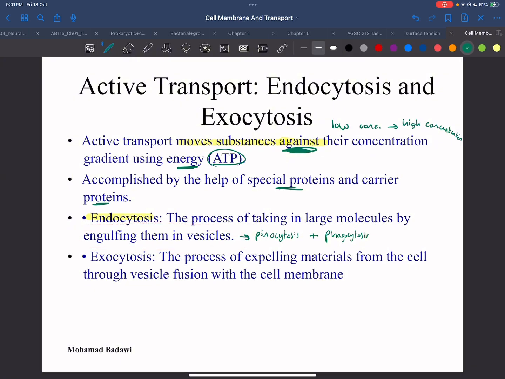So, for example, if I'm going to draw the cell membrane again, it's not the best drawing, okay? And I have large particles, large substances outside. I want to take them inside the cell. So I'm going to start forming like a hole in my cell membrane. So my cell membrane is gonna form like this.